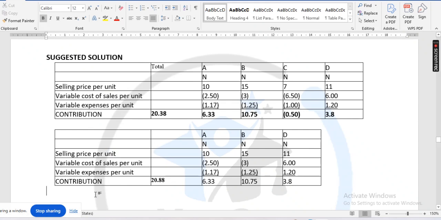So now, what happened to the contribution? The profit will be what? Has increased.